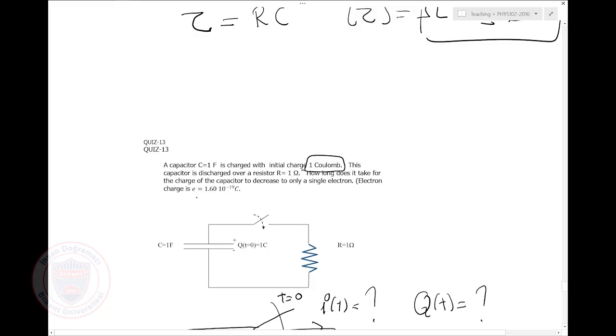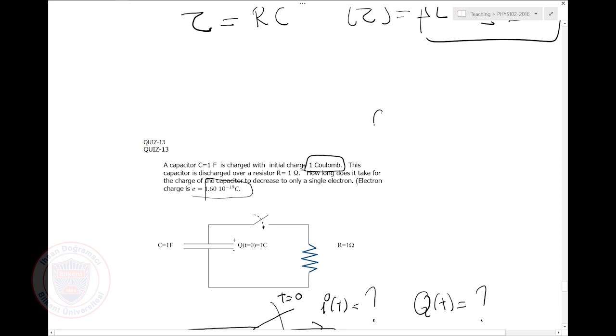I'm going to counter that. I'll say, hey, the first thing we learned in this course is that charge is quantized, right? So what's the minimum possible charge? A single electron charge. So the question asks, if I start with 1 coulomb of charge, how long would it take for the charge to decrease to 1.6 10 to minus 19 coulombs?